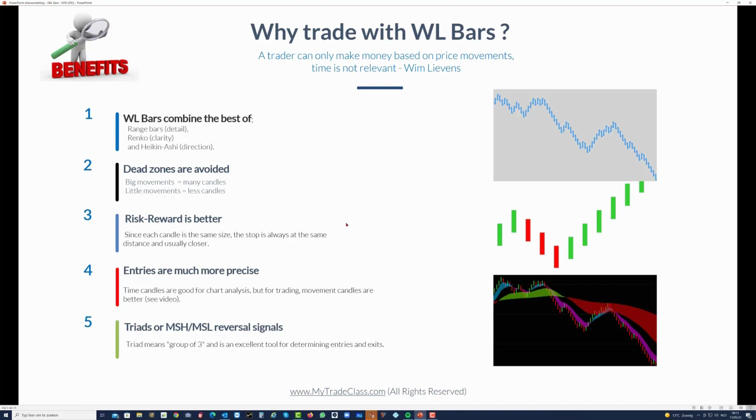Another point is, of course, that all these bars, and you see some examples here on the slide on the right, can be shown in different forms, colors and combinations. Since all these bars are the same size, which of course you can set yourself, the risk reward is substantially better.